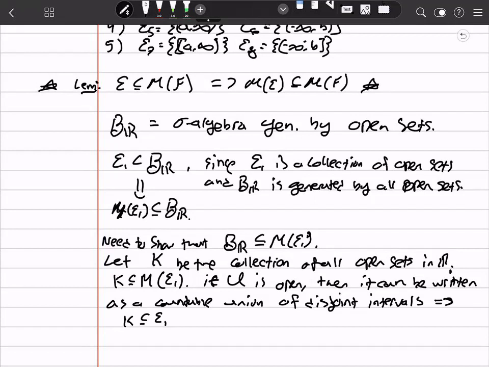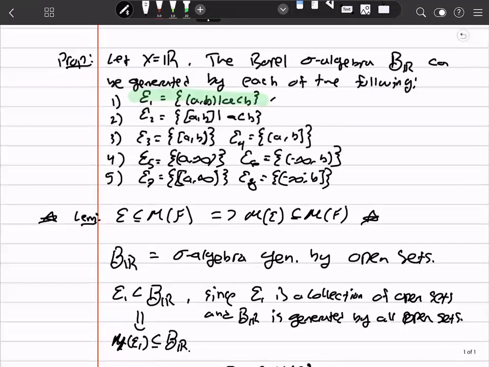But that implies that the Borel sigma algebra on R is a subset of M of E1 by the lemma. So then we conclude that the Borel sigma algebra on R is equal to the sigma algebra generated by E1. So this is good. We've boiled down our Borel sigma algebra, this crazy sigma algebra generated by all open sets, to just looking at open intervals, which is good. We have a handle on it.